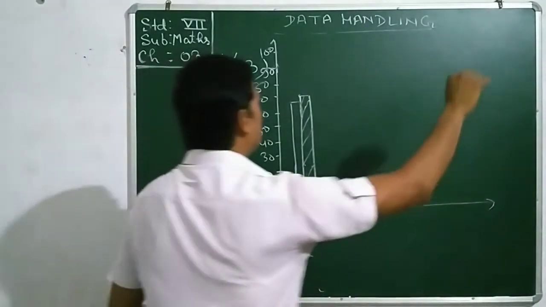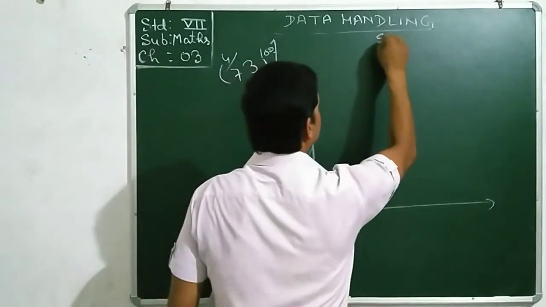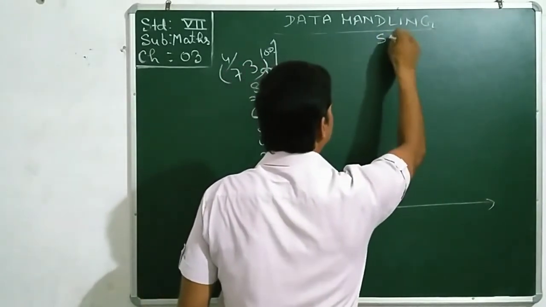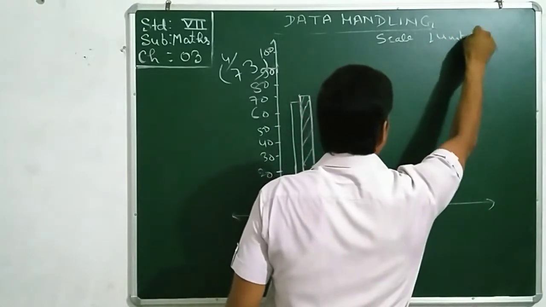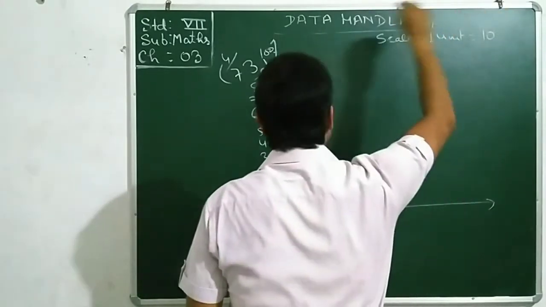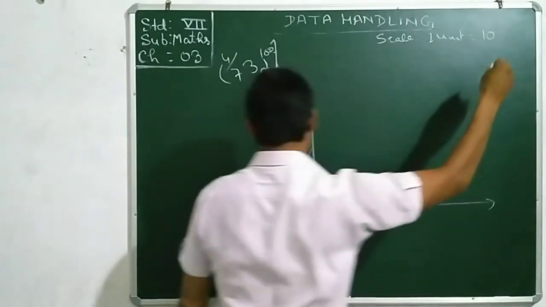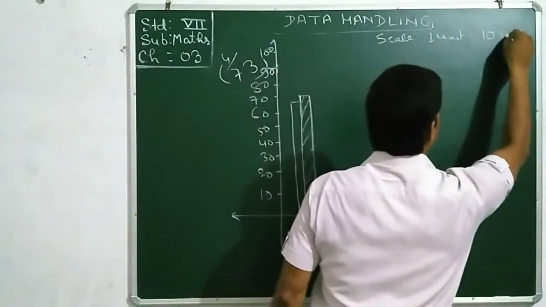And along with the scale, one unit equal to 10 marks.